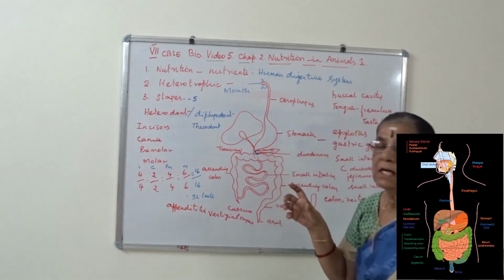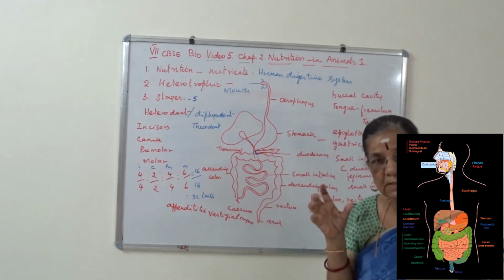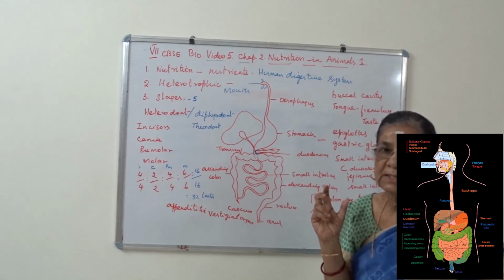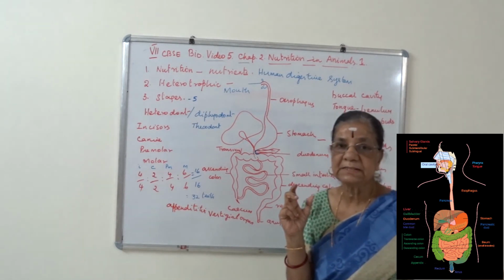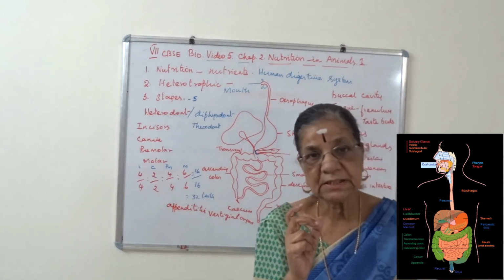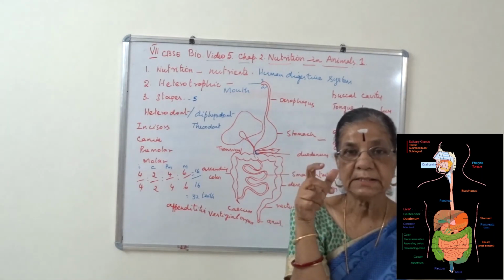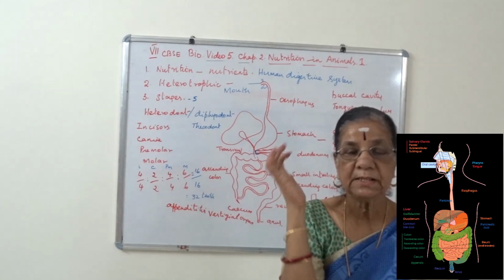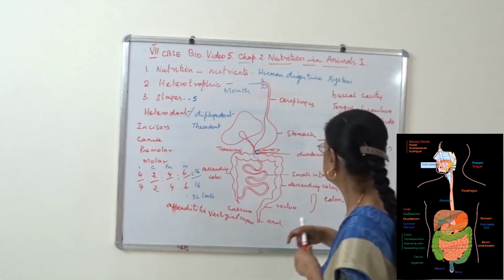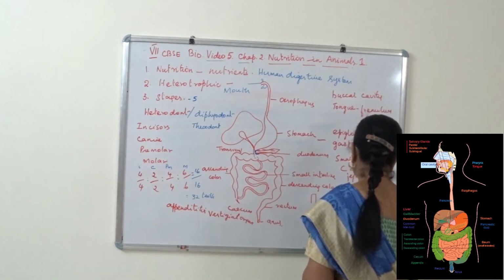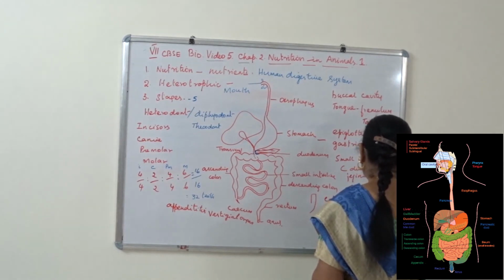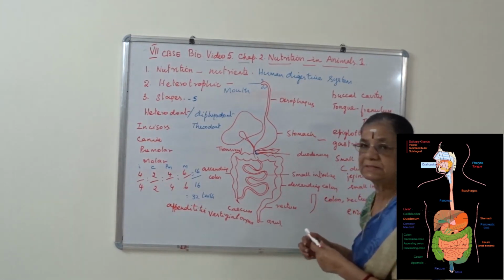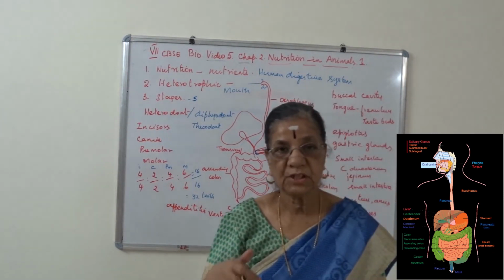And then associated with the digestive system are the digestive glands. These digestive glands take part in the process of digestion, which is very important, and they secrete enzymes, the biochemical substances.